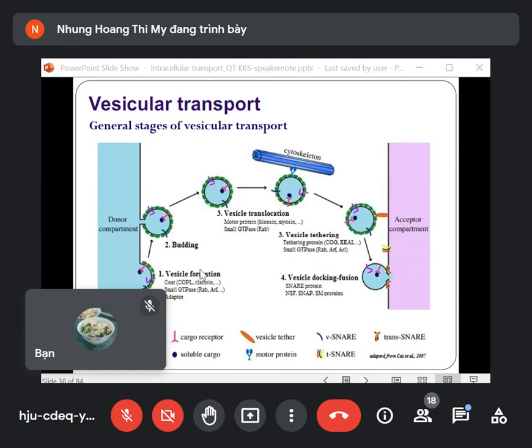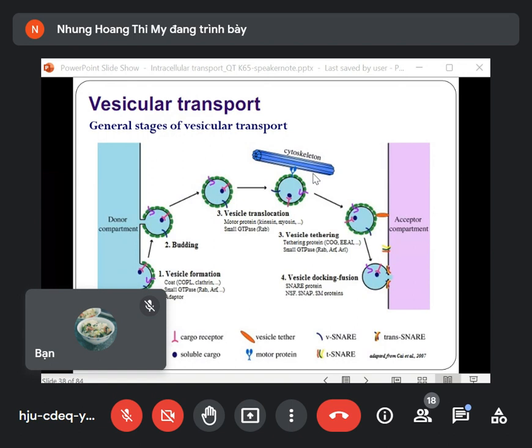So as a third step, the vesicle will be translocated by the cytoskeleton and the motor protein. So the vesicle will bind to the motor protein, and the motor protein will work on the cytoskeleton to the acceptor compartment.